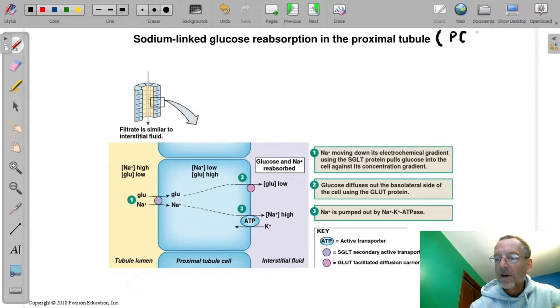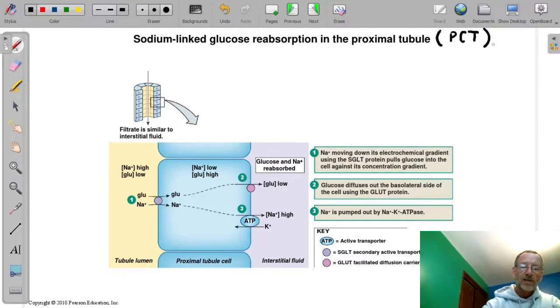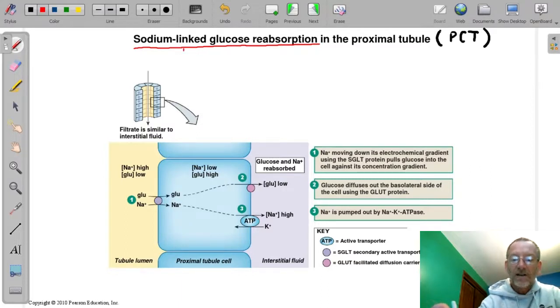Remember, that's where about 65 to 70% of all reabsorption occurs. So here we're reabsorbing sodium and glucose. This process of sodium-linked glucose reabsorption is secondary active transport.